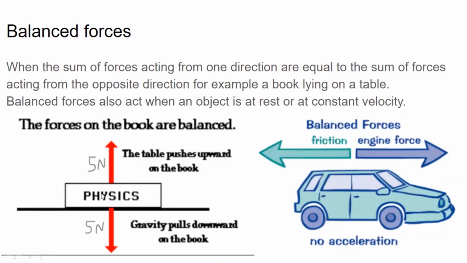These 5 newtons cancel each other out, leaving the resultant force to be 0. So we can say that the forces are balanced and the book is at rest. The same can be said about a vehicle moving at constant velocity, because the frictional force is equal to the engine force. Hence, they both cancel each other out, leaving the forces to be balanced.